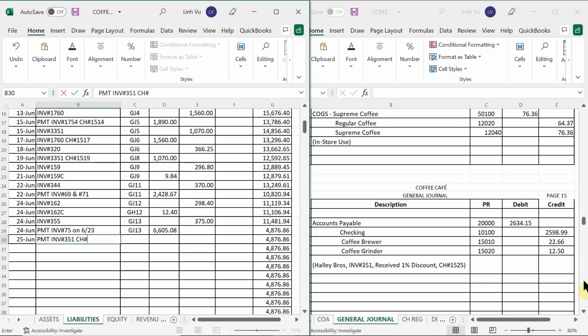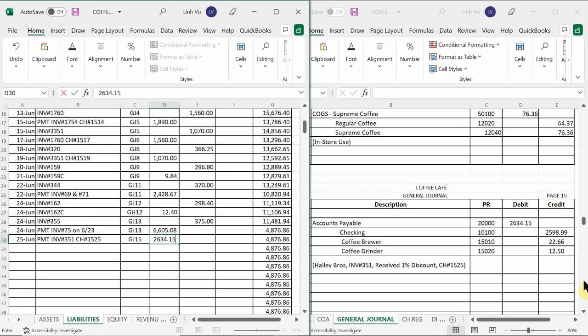And you can put the check number 1525. We're on page 15 now. And we're reducing our account by $2,634.15.